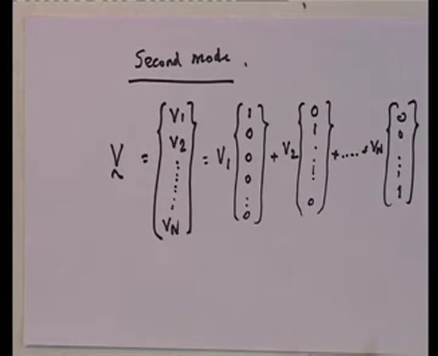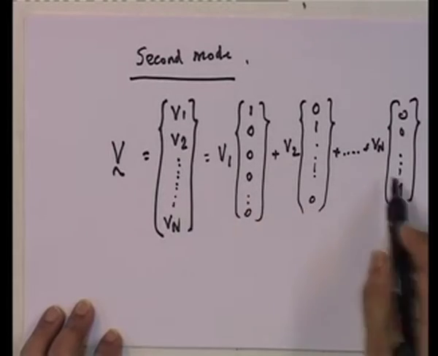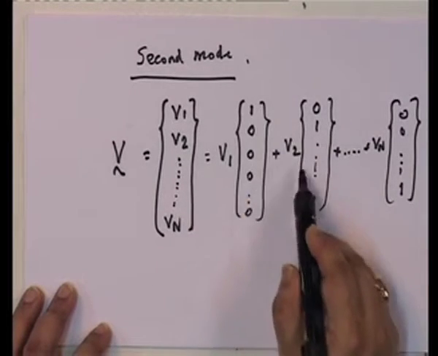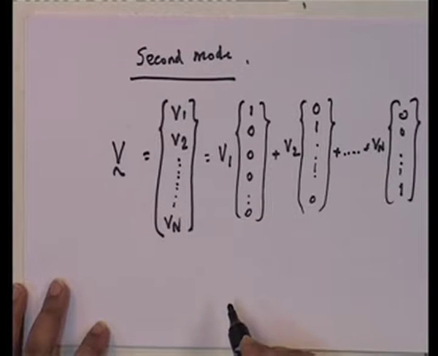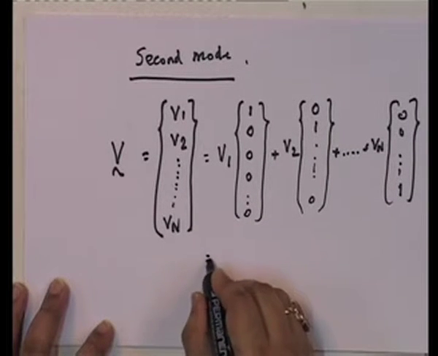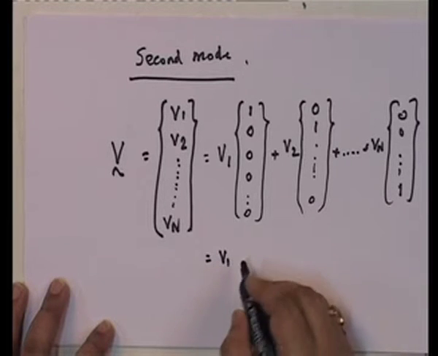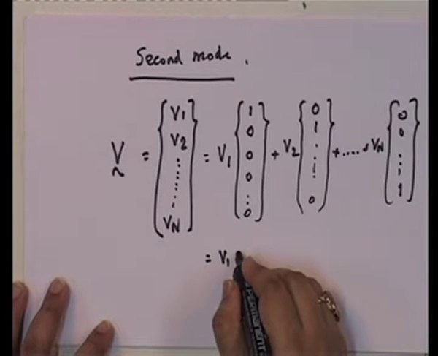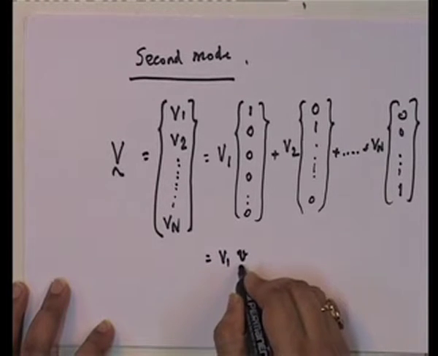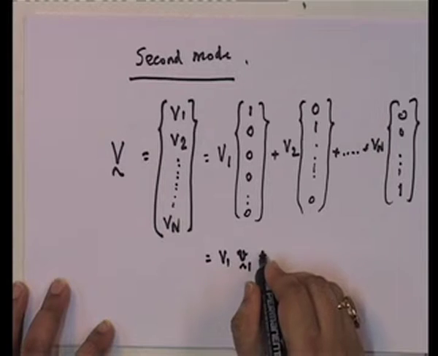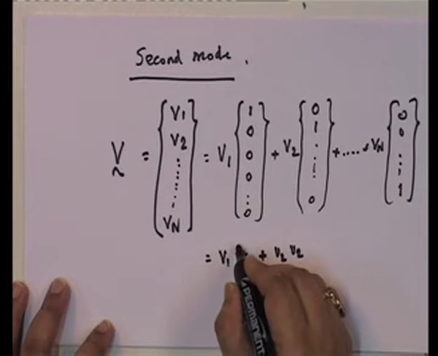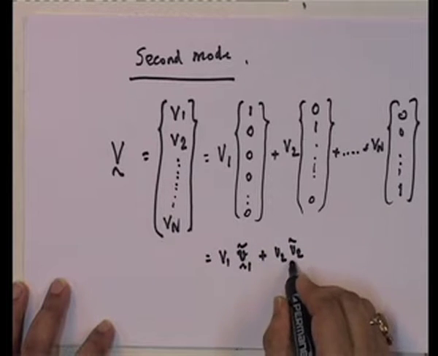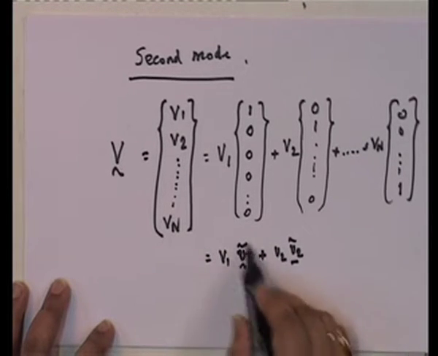Do you agree to this? This can be written in this form. I mean, after all, it is nothing but V 1 plus V 2 plus, and that is what this is. Okay. So, in a way, we can say that this is equal to a kind of, this is the unit vector, right?